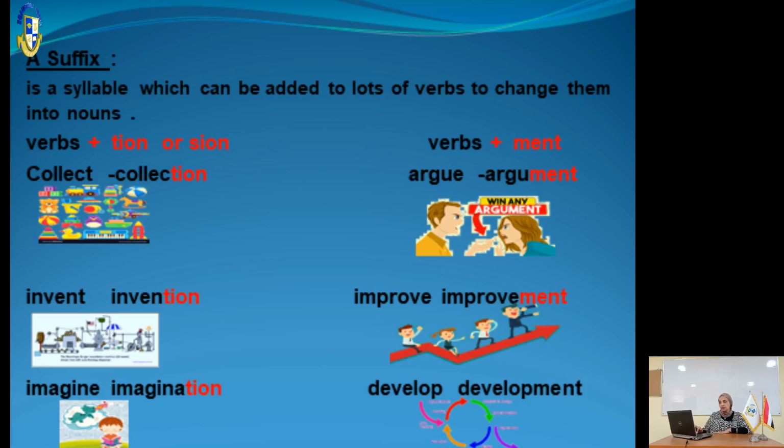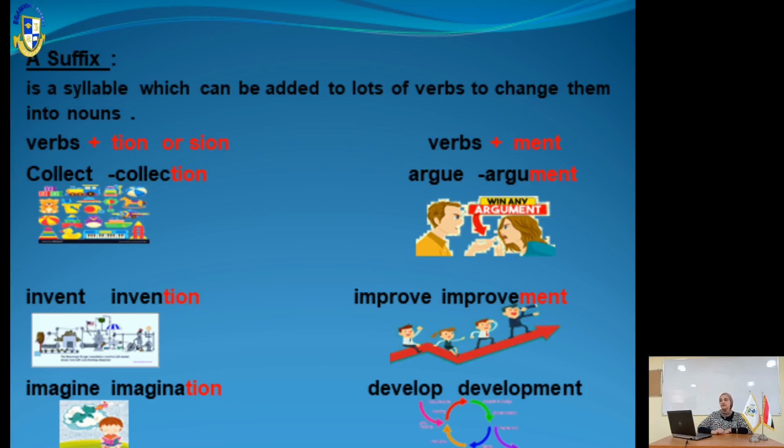Improve and improvement. You have to improve yourself. It means that you have to do better to get improvement. Develop and development is the same also, but I use it for the cities or the countries. They have lots of development.